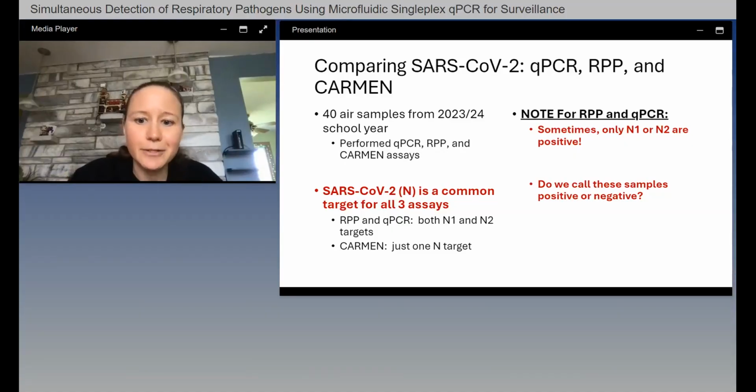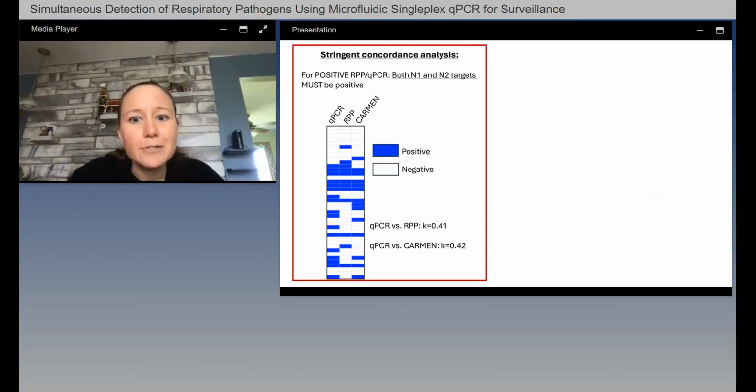Should we call them positive or negative? Well, we can do two different analyses. One is a stringent analysis where for a positive result for RPP or qPCR, both N1 and N2 targets must be positive. In that case, the results look a little bit like this, which I'm showing you in the heat map below, where the positive is blue and the negative is white.